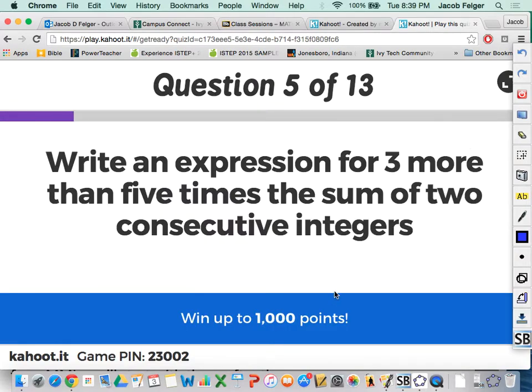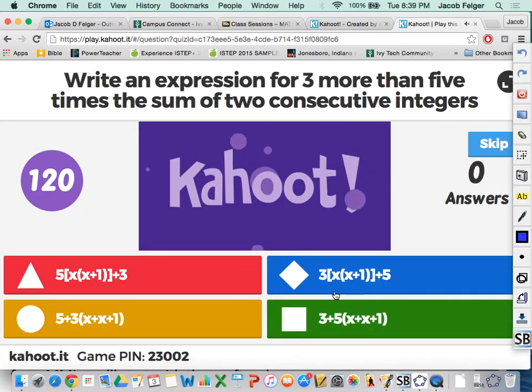Write an expression for 3 more than 5 times the sum of 2 consecutive numbers.